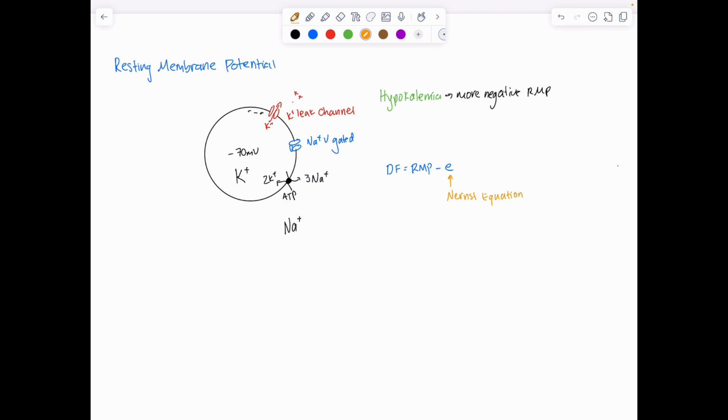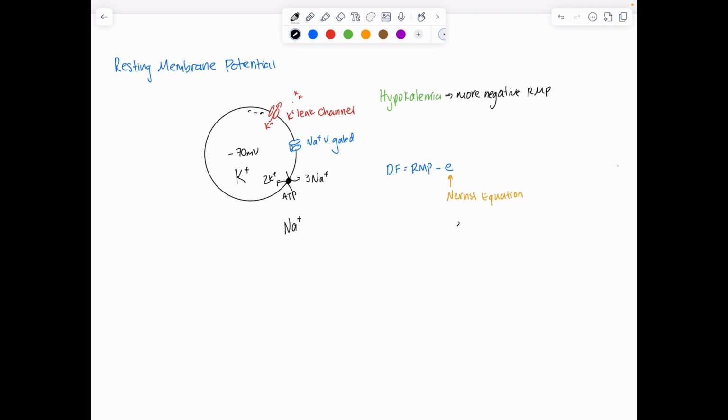The Nernst equation is an equation that you use, but certain assumptions have to be met, which isn't the case in biological systems because it's assuming that everything is 100% permeable. And so that's why the driving force is important, but you need to be able to calculate the Nernst value.